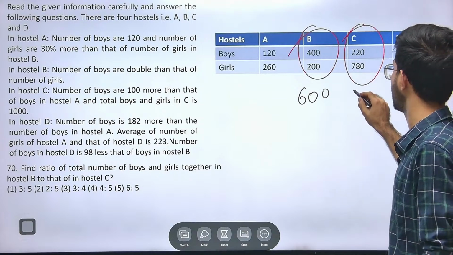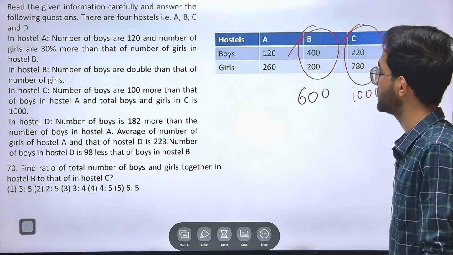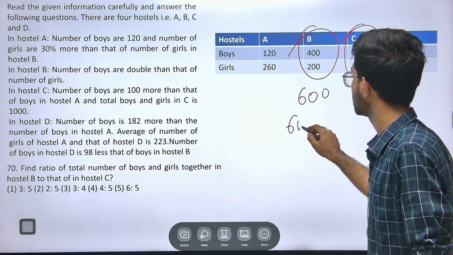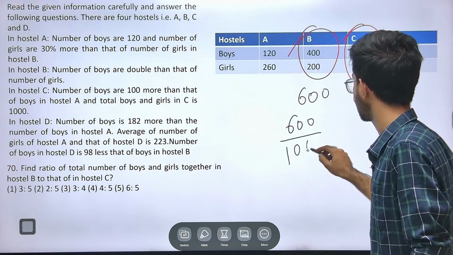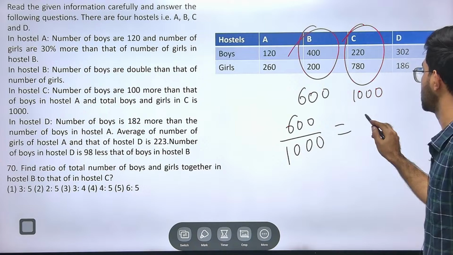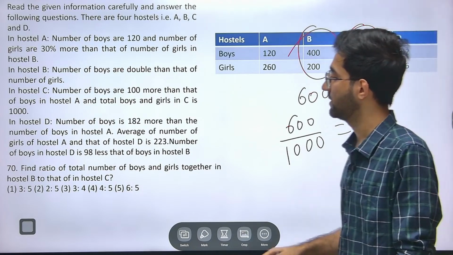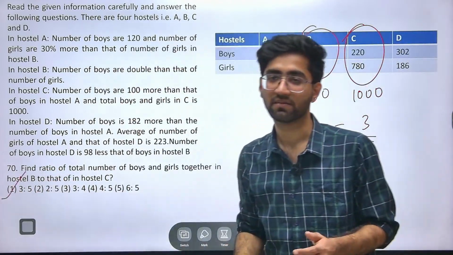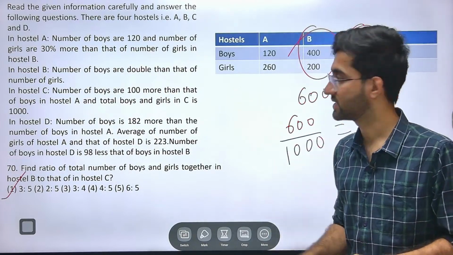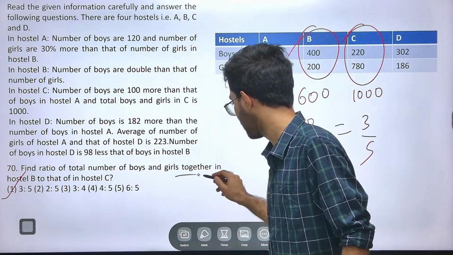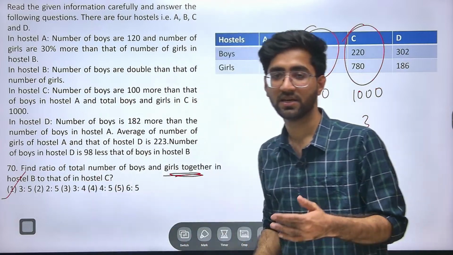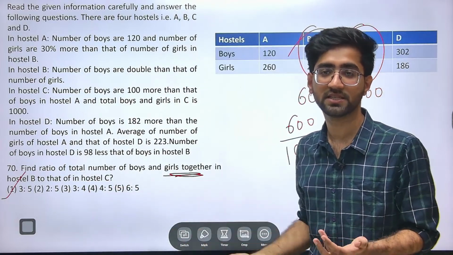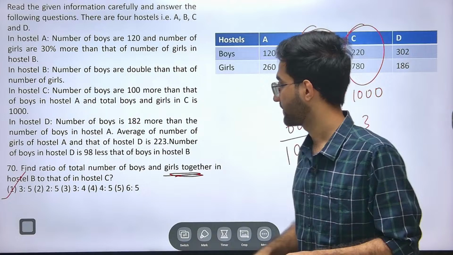This value is equal to 1000. So basically, you have to answer that 600 divided by 1000 is equal to 3 by 5. So obviously 3:5. So option A is the correct answer. See, you will have to read this kind of words carefully such that you shouldn't do silly mistakes in this kind of questions.